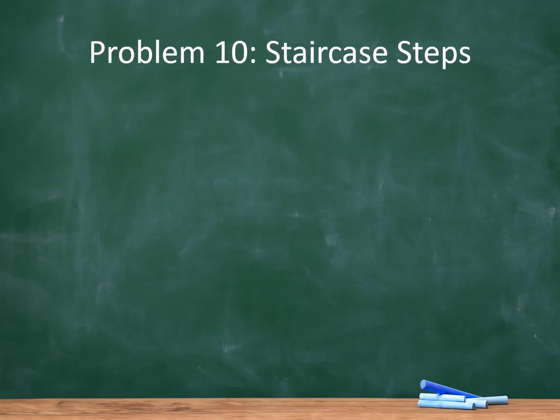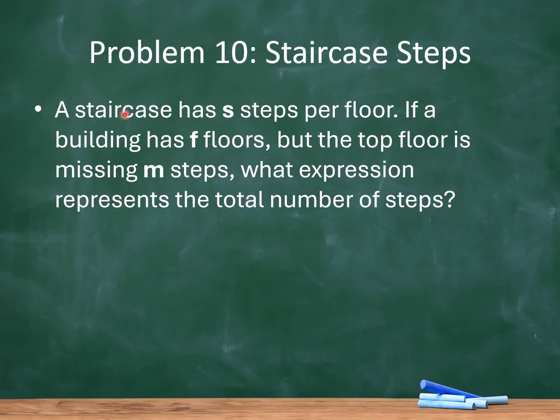Let's have problem number 10. This is going to be the last problem for this video lesson. It's about staircase steps. A staircase has S steps. S would represent the number of steps per floor.